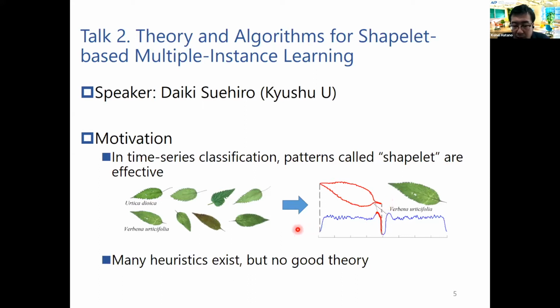As you see in this illustration, for example, if you consider leaf classification, then each leaf can be viewed as a time series like this, and some patterns are quite important to classify. These are shapelets. Many heuristics exist, but there's no good theory for that. He will introduce some theory and an algorithm based on it.